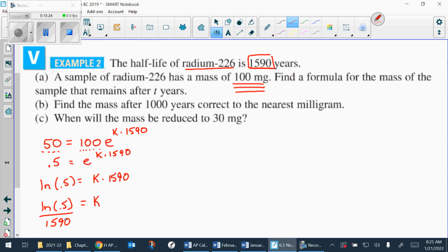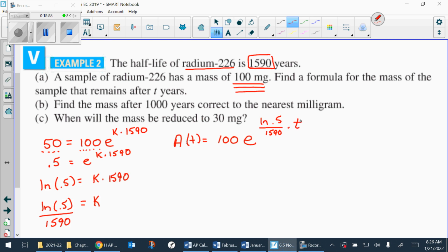So my answer to part A is that the amount that I'm going to have at any time is equal to my initial amount, in this case 100, e to the natural log of 0.5 over 1590 times however much time goes by.